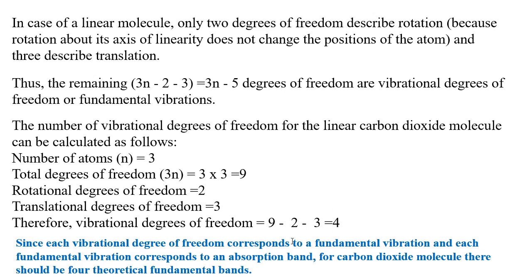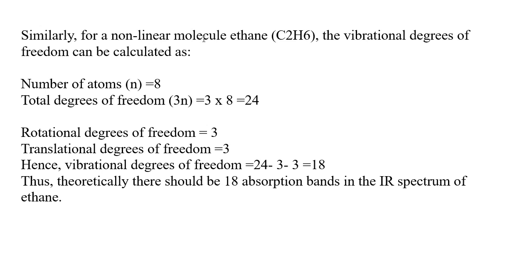Similarly, for a non-linear molecule, ethane, C2H6, is a non-linear molecule. The vibrational degrees of freedom can be calculated as follows. The total number of atoms is 8, n is equal to 2 plus 6, 8. Total degrees of freedom 3 into n, that is 3 into 8, is equal to 24.